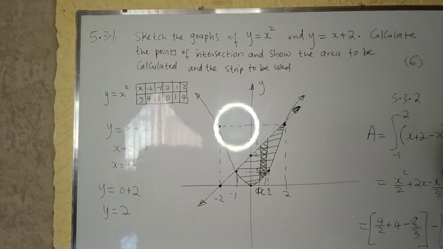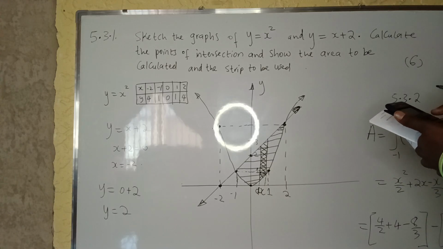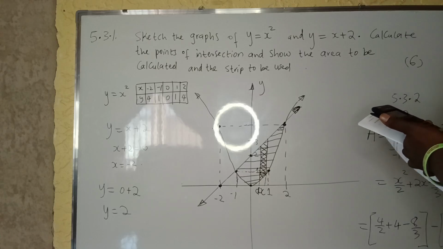So it's 10 divided by 3 plus 7 over 6. It gives me how much? Let me see. 10 divided by 3 plus 7 divided by 6.